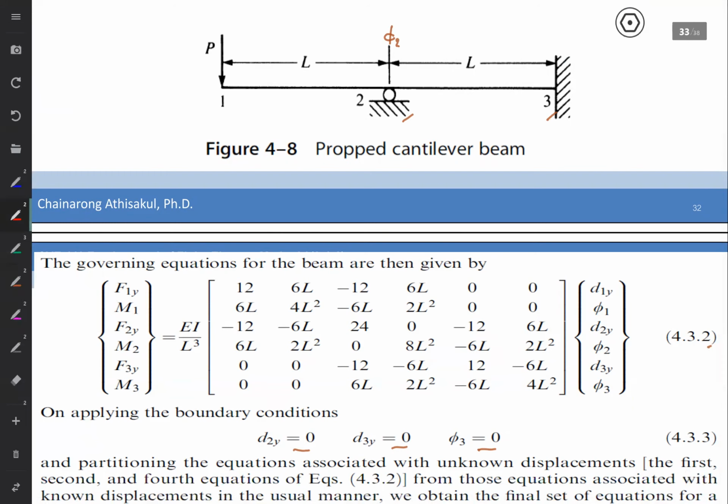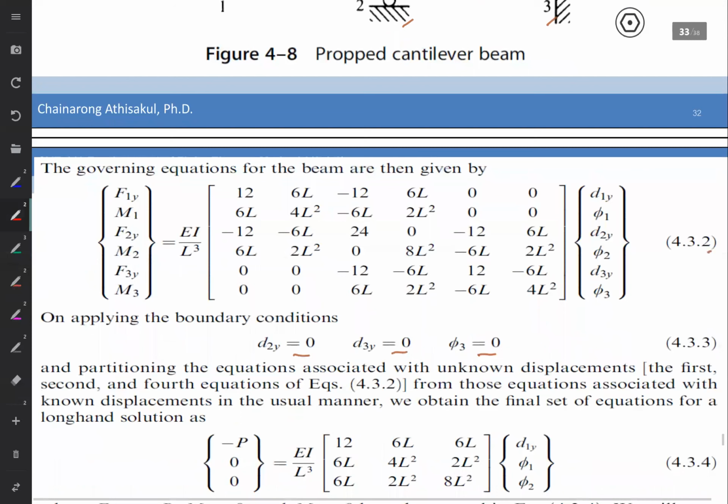Applying the boundary conditions, these are homogeneous, so we can cut off the columns and also the rows.